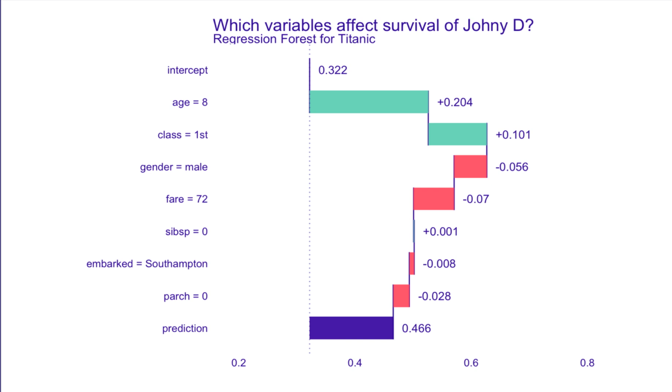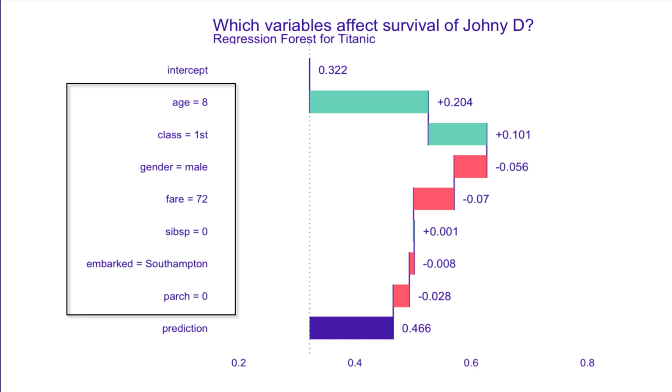In this slide, we have an example for a single passenger, the 8-year-old boy from the first class. The model prediction for him is 0.466, and it is higher than the average result of the model, which is 0.322.